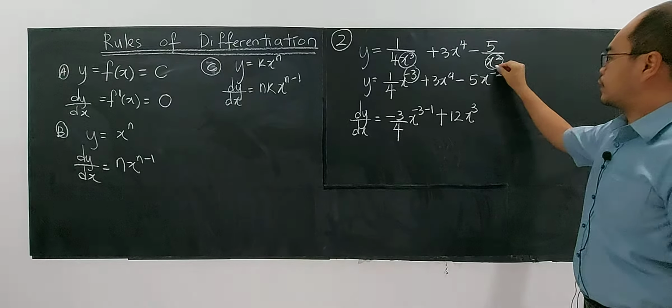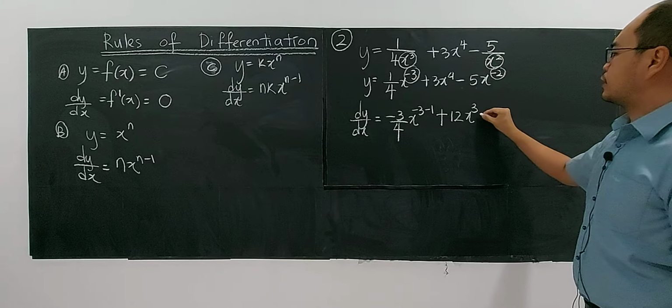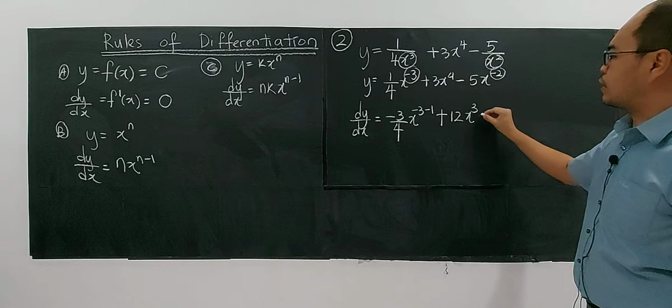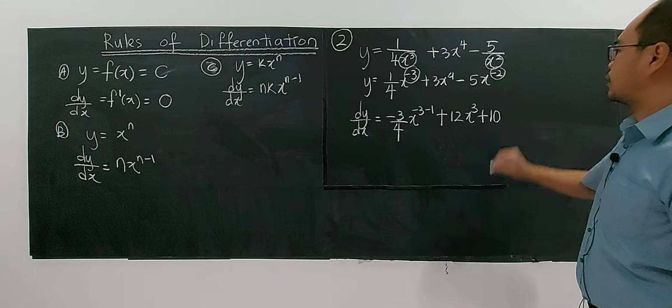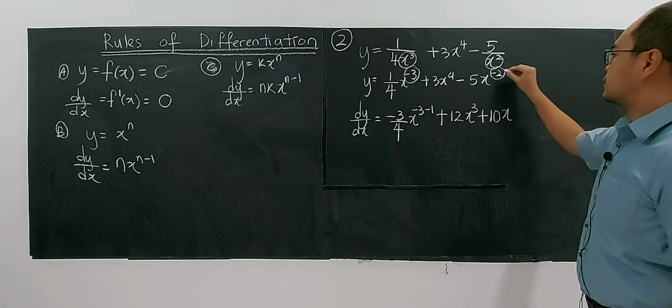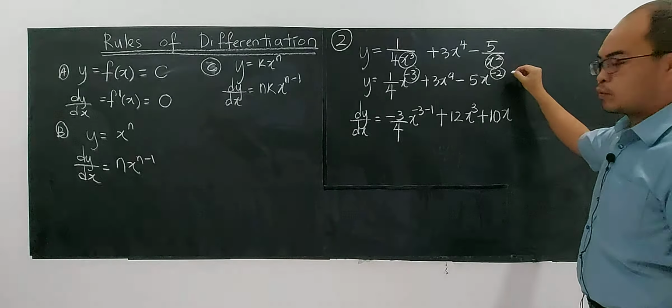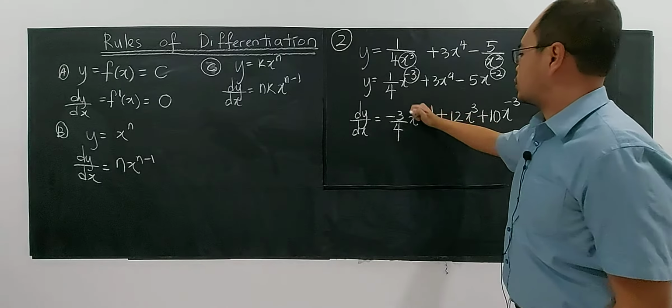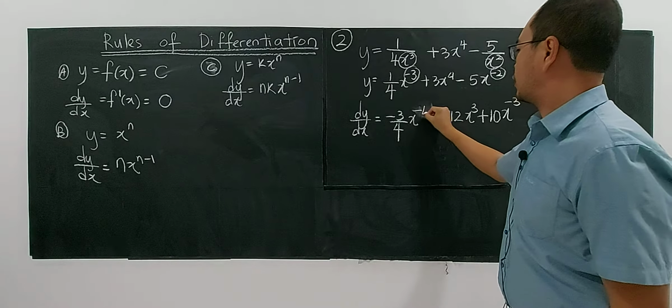Negative 5, negative 2 bring forward. You are getting negative 2 times negative 5, you have positive 10. And x, the negative 2, you minus 1, you have negative 3. And this one you have negative 4.